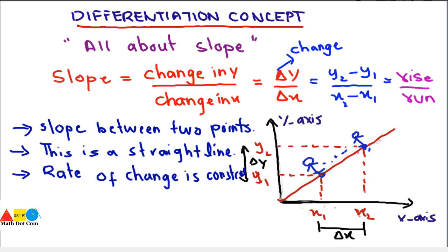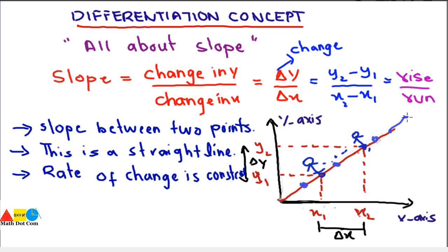Either you take the slope between this point and this point, or this point and this point, or another point here, any 2 points, you will find the same slope because the line is straight and the change in x and y is the same.